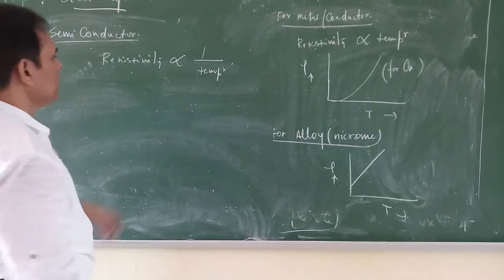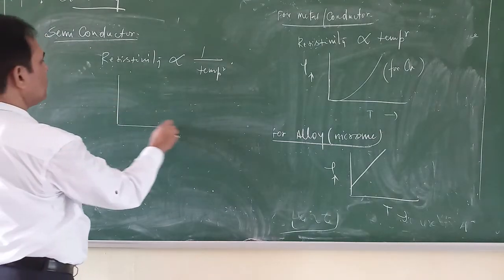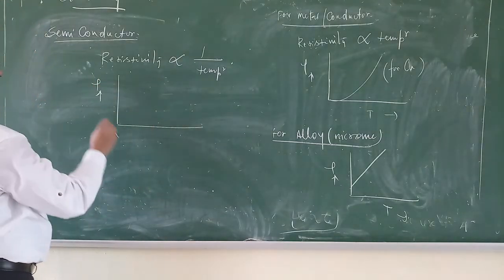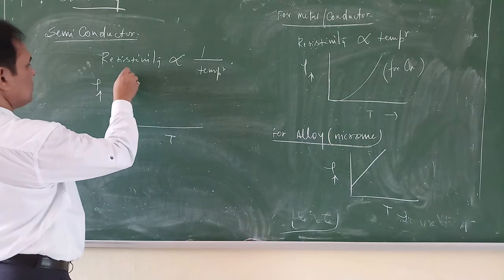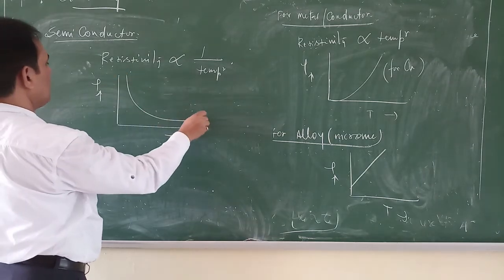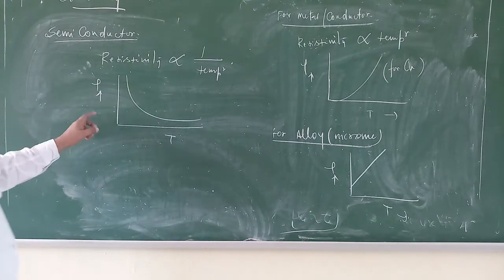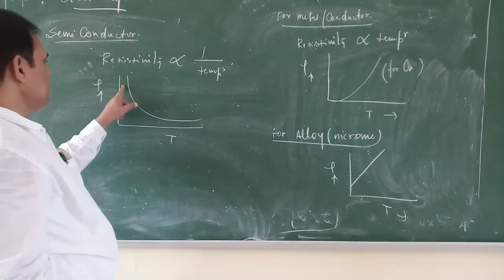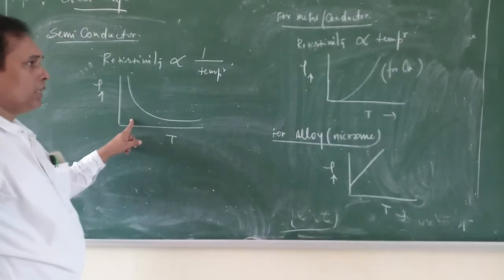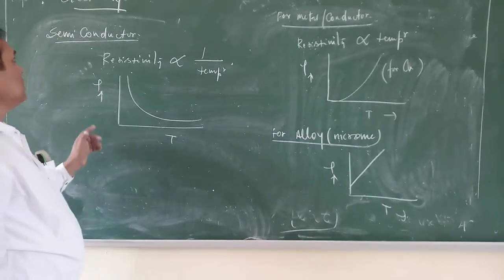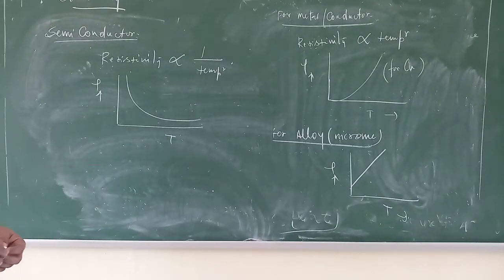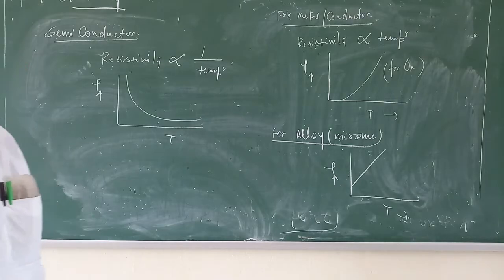So in this case, you can plot the graph like that: resistivity and temperature. On increasing the temperature, resistivity decreases. So this is the graph for resistivity versus temperature.